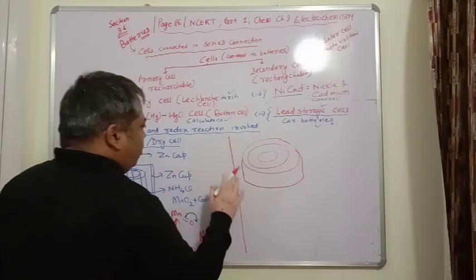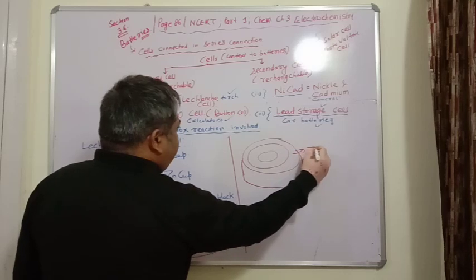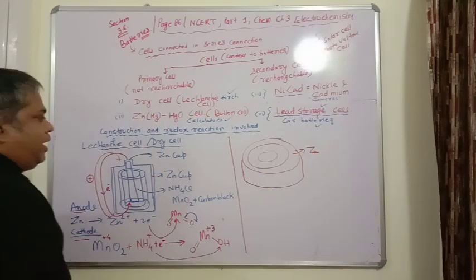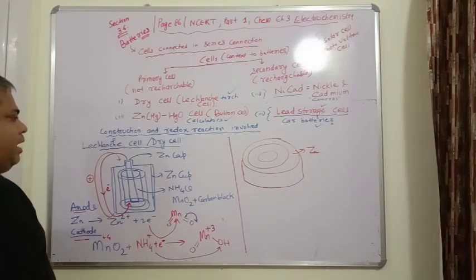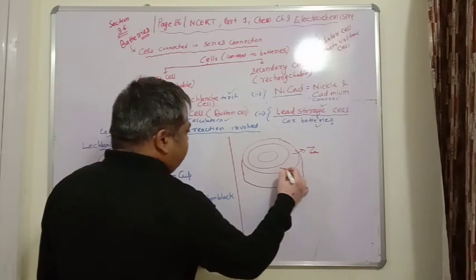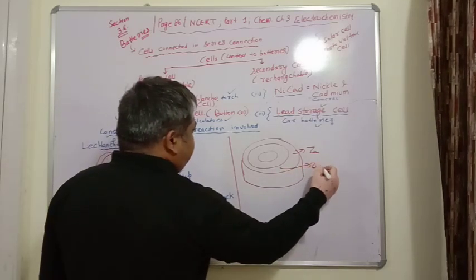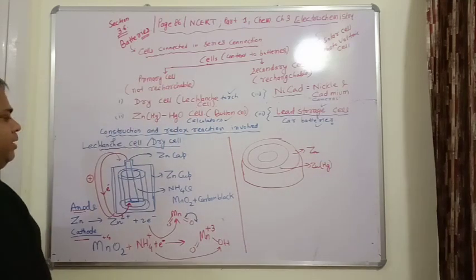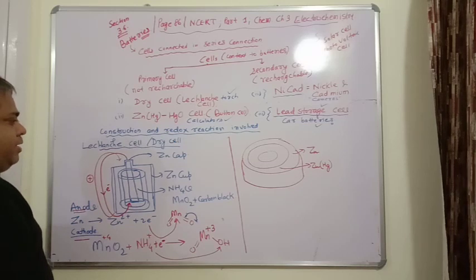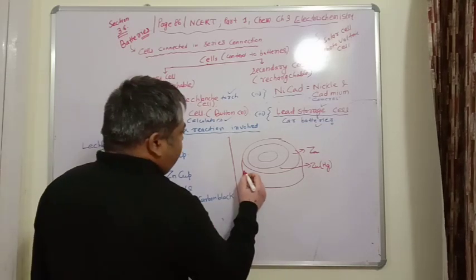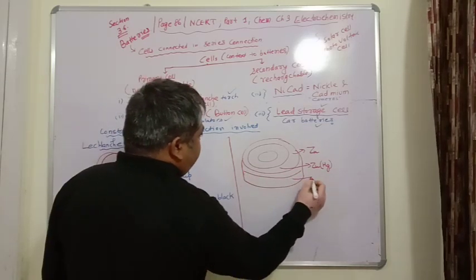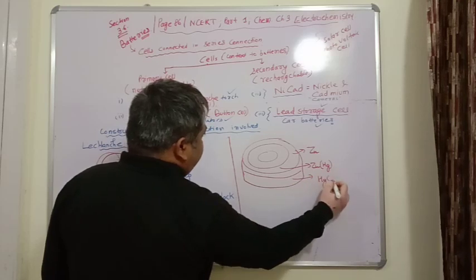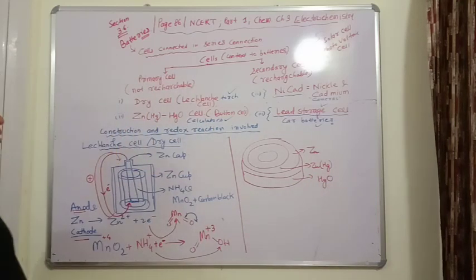The whole outer body is made up of zinc and inside that amalgamated zinc is there, means zinc imbibed with amalgam, means mercury. And in another layer, HgO is there, mercuric oxide.